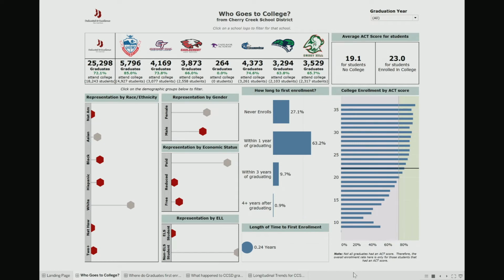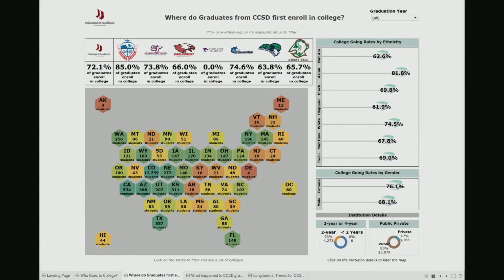Colorado, yeah, exactly. So the majority of our kids stay within the state of Colorado. Of the 72.1% of graduates that enroll in college, the majority of them enroll in Colorado. Okay.